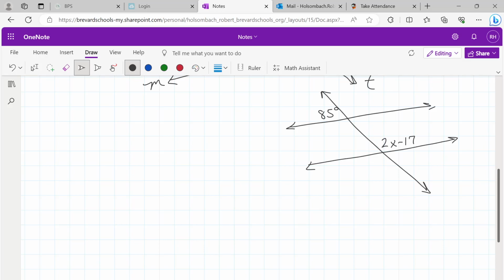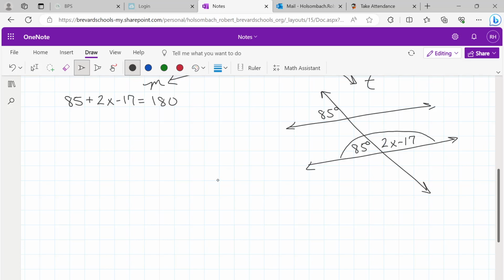Find x. You've got a couple different ways to find x. If you use the rule regarding corresponding angles, if this 85 is in the upper left of this first group, then isn't this angle also 85 degrees? What do you know about these two angles right here? They sum 180 because they're a linear pair, right? So we can take 85 plus 2x minus 17, and make it equal to 180.